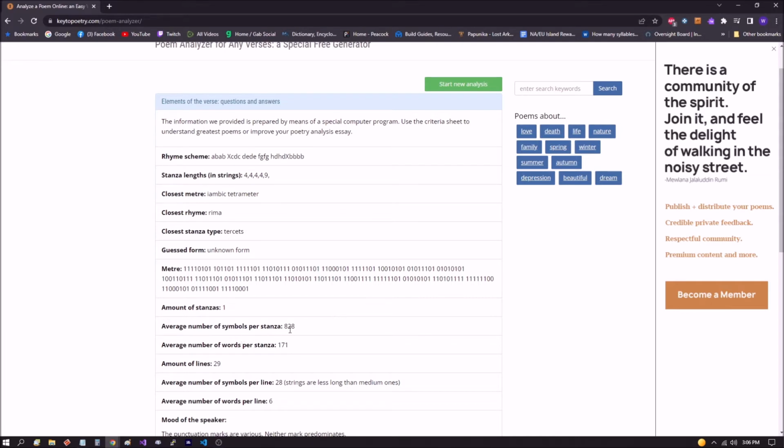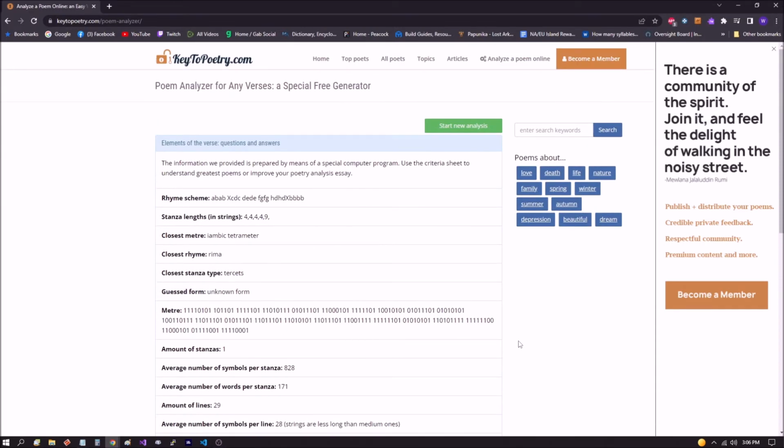The 828 symbols per stanza, that's obviously wrong. So you got to take these things with a grain of salt. They're good to play around with, but you got to look at it as a human and come back and do your own analysis after you do this, because clearly the computer's not going to get it right off the bat.